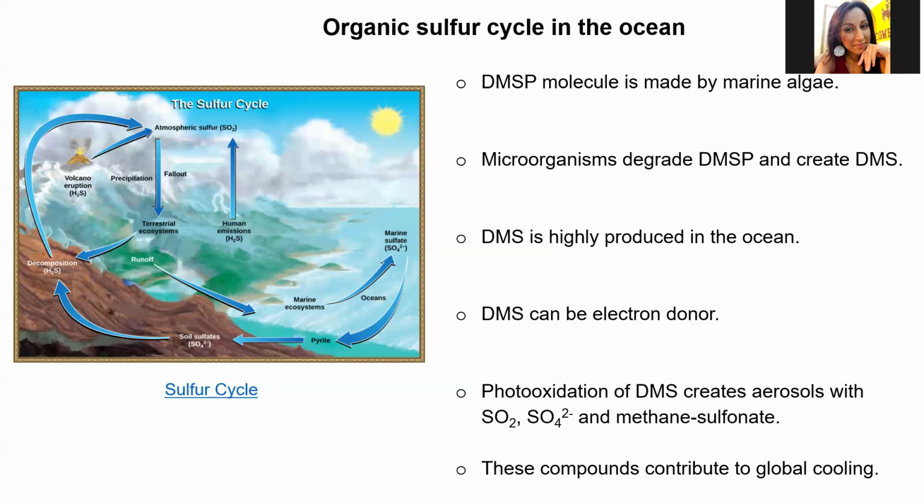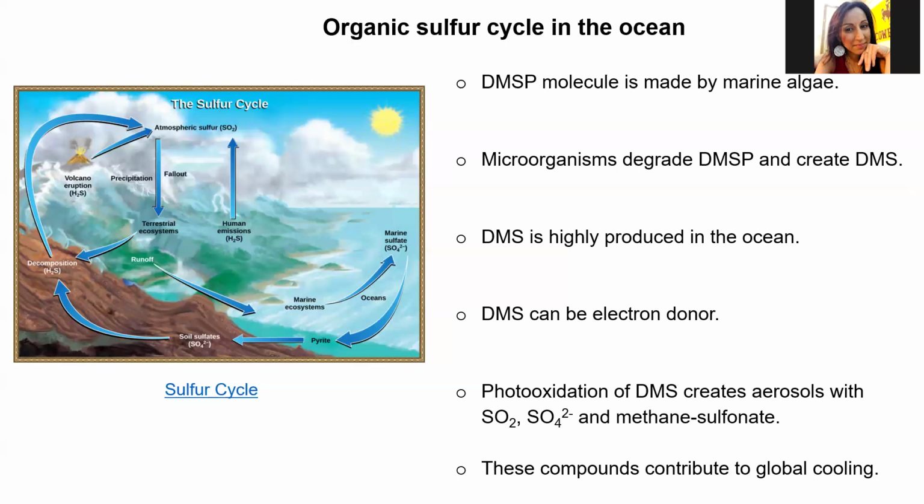So why is that important? Because when DMS gets photooxidized, oxidized by the sun, it can react with sulfur dioxide, which is SO2, and with sulfate, which is SO4 2-. And they create so-called aerosols.